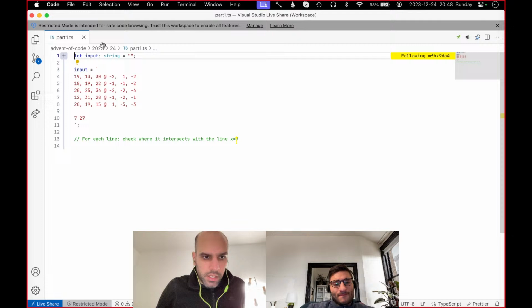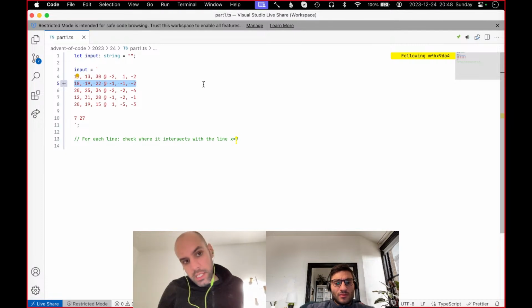I think it is for each pair of lines. So we're going to take line 1 and 2, then 1 and 3, then 1 and 4, then 1 and 5, and then 2 and 3, then 2 and 4, and so on. For each pair of lines, we will see where these lines intersect. And then I would ask, is the intersection within the square x equals 7, x equals 27, y equals 7, y equals 27?